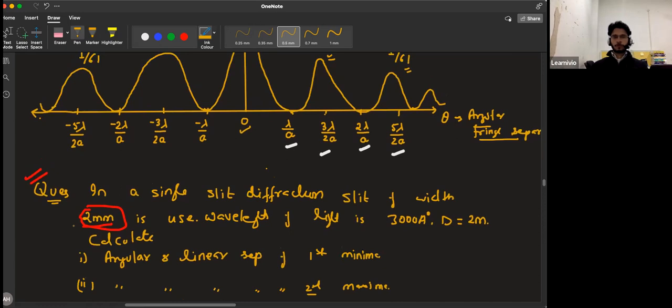So should we convert angstrom to meters? Yes. You have to convert mm into meters and also angstrom to meters.